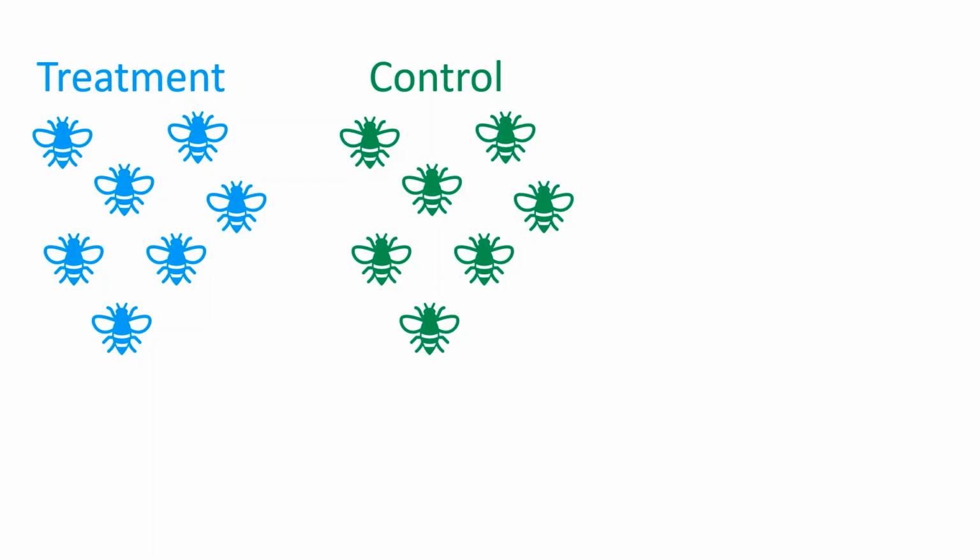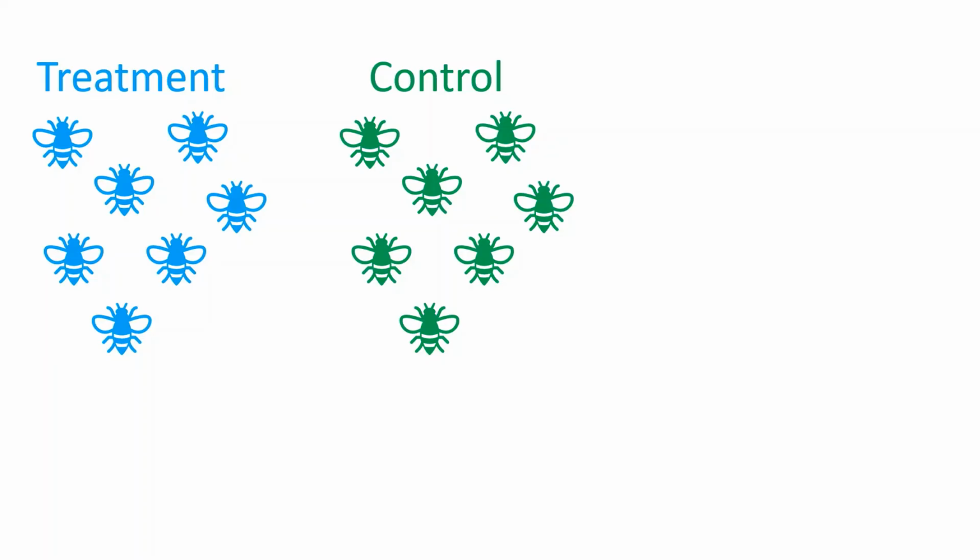Just an example of the type of experiment you might do, you might be studying the effect of some treatment on some bugs. So you would have two groups of bugs, one where you gave them the treatment, maybe that's a pesticide, maybe that's a nutritional supplement, and then you would of course also have a control group where you didn't treat them with whatever the special thing was that you were treating them with in the treatment group.